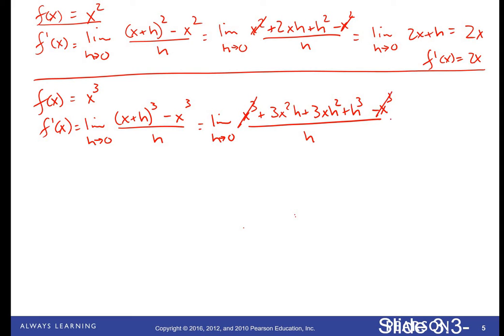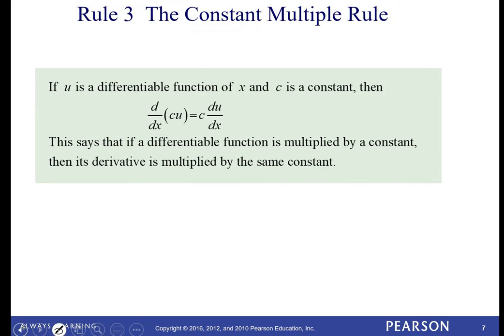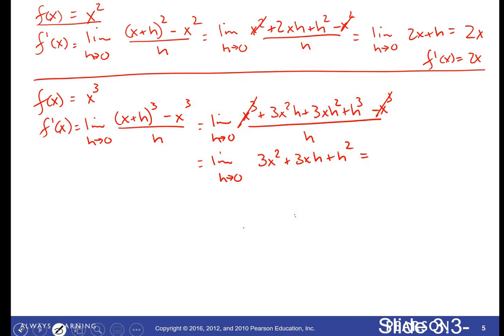My x cubes cancel. Dividing everything by h, I now have the limit as h approaches 0 of 3x squared plus 3xh plus h squared. Applying my 0, I get 3x squared. So f prime of x equals 3x squared.